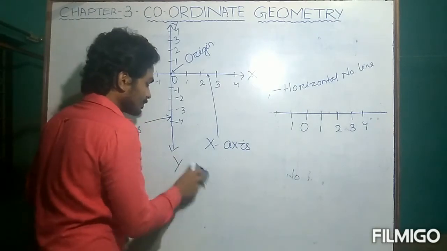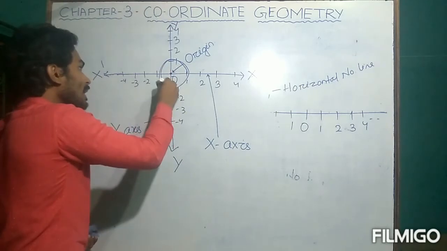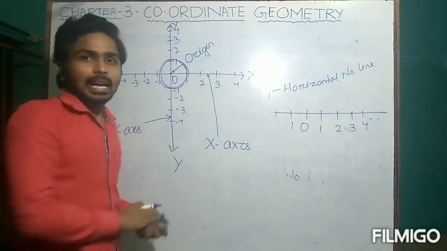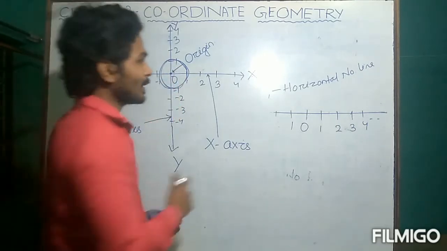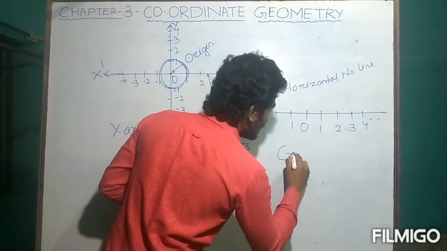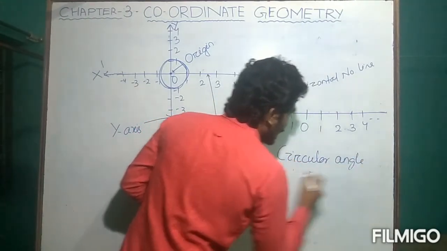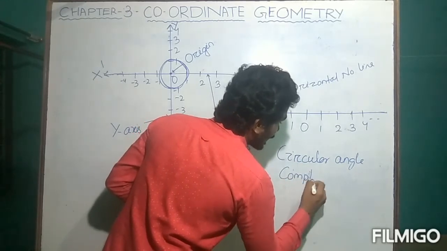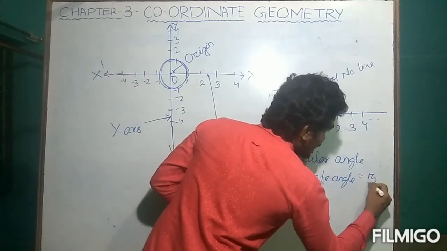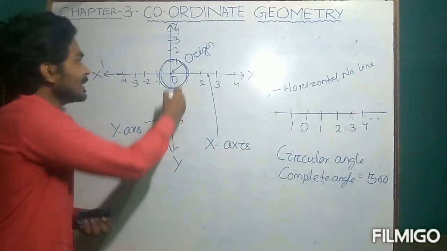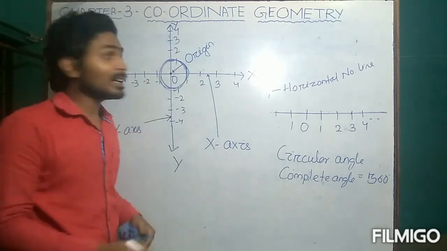Now this total is a circular angle, isn't it? This is a circle, and we know the total angle of a circle is 360 degrees, a circular angle, also known as a complete angle. Now this 360 degrees is divided into how many parts?